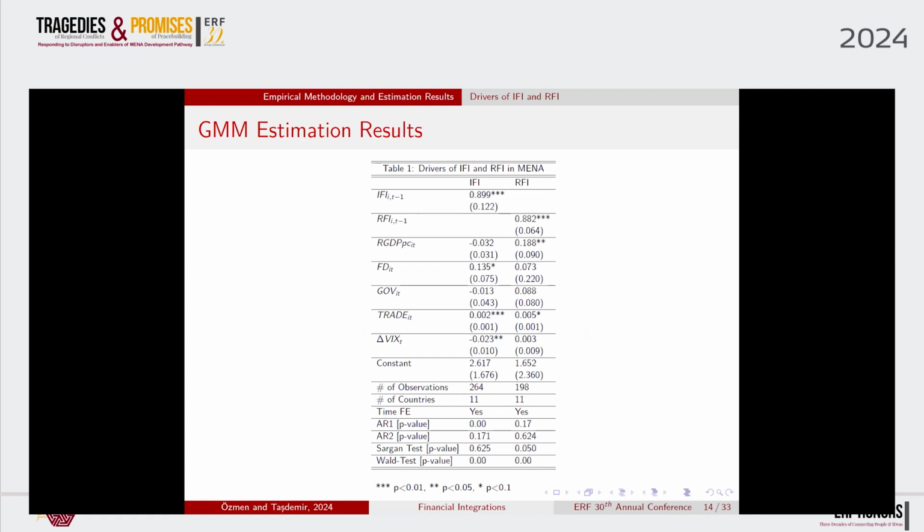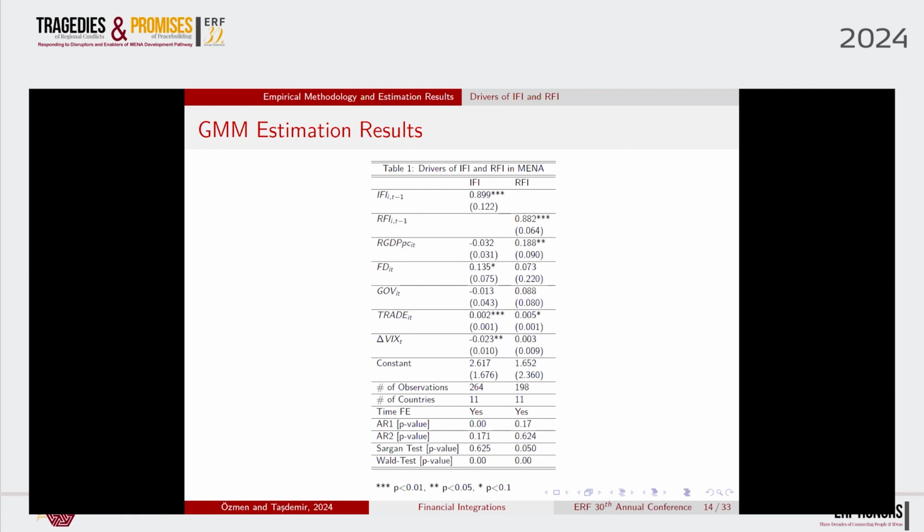Financial development appears to enhance international financial integration because financial development mitigates the barriers on financial asset transactions. Trade openness enhances both international and regional financial integrations because trade openness enhances information flows between the countries.